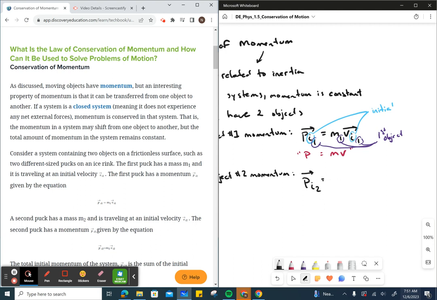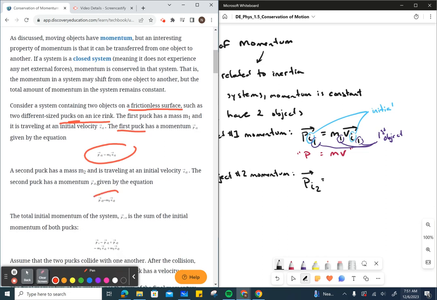In the example here, they were using the example of a hockey puck, talking about ice rinks where the surface is fairly frictionless. So the first puck, this is where we got that from. And the second puck, this is where we get that from. We're writing that out right now.